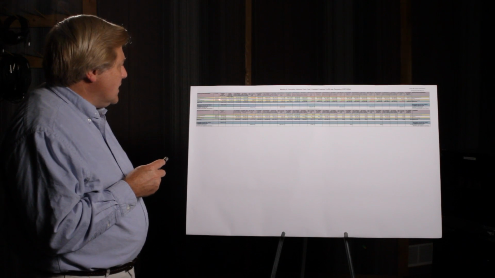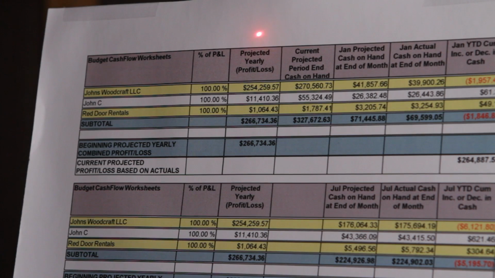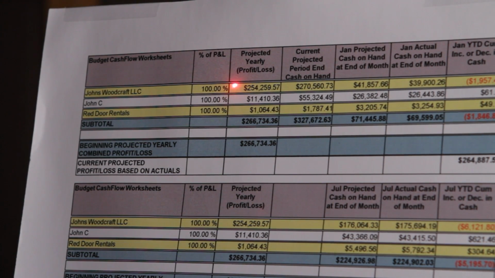So as you look at this, the next column says projected yearly profit and loss. John's Woodcraft LLC is projected to make a profit of $254,259.57. Under his personal, he's going to make $11,410. Under Red Door Rental, he's going to make $1,064.43.